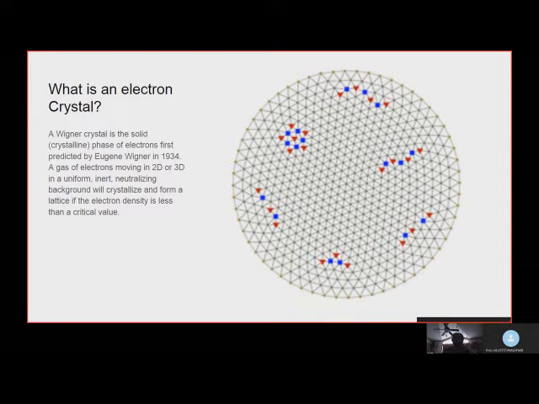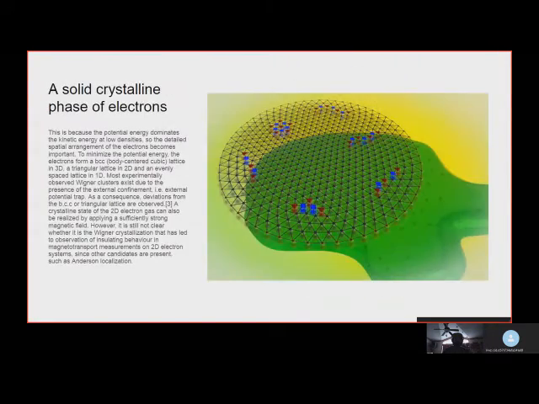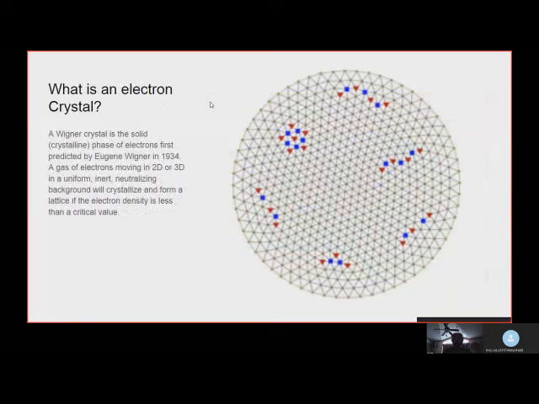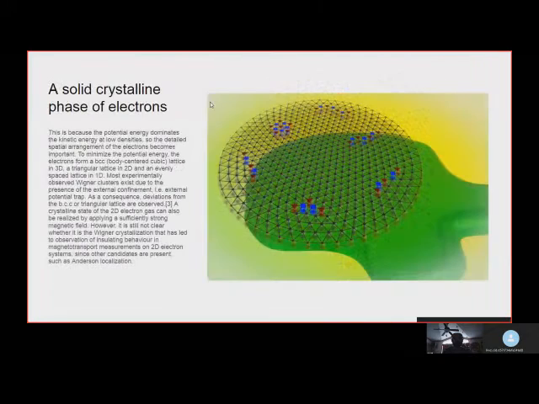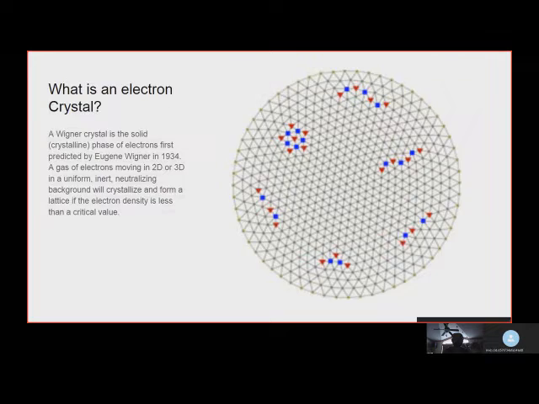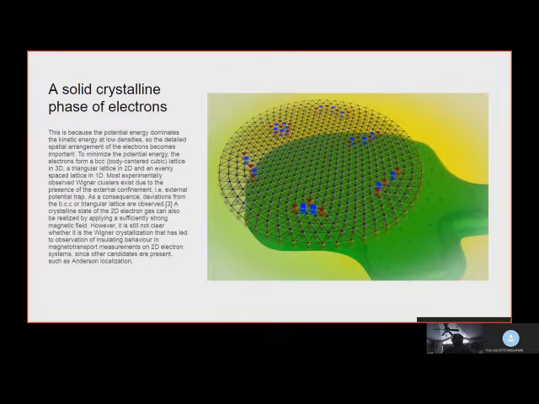So we'll keep going, and as these lattices form, we'll see. A solid crystalline phase of electrons. So it builds up this lattice we're seeing here.